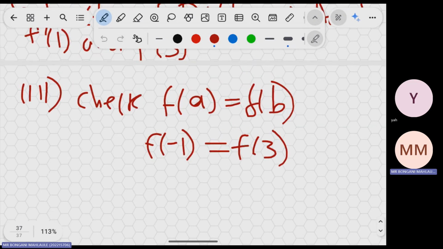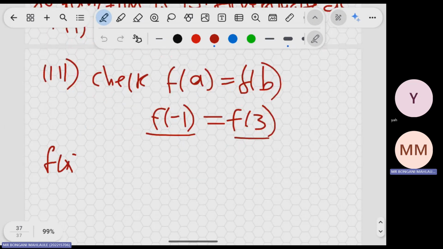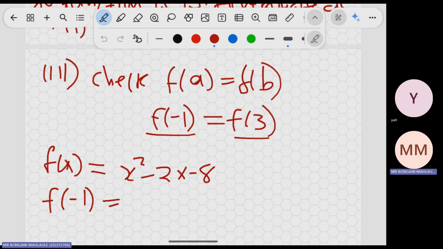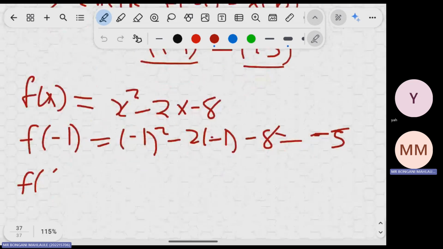We didn't check yet. We'll have to substitute into the original equation. So we know f of x was given by x squared minus 2x minus 8. So if you check f of -1, you will get -1 squared minus 2 times -1 minus 8, which gives -5. Then you also check f of 3.